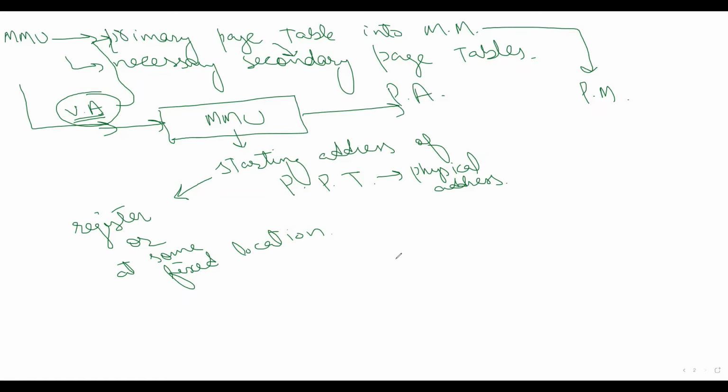Now the issue is, let's suppose the processor is sending an address, so let me make it clear here. The processor sends a virtual address, which goes to the MMU.